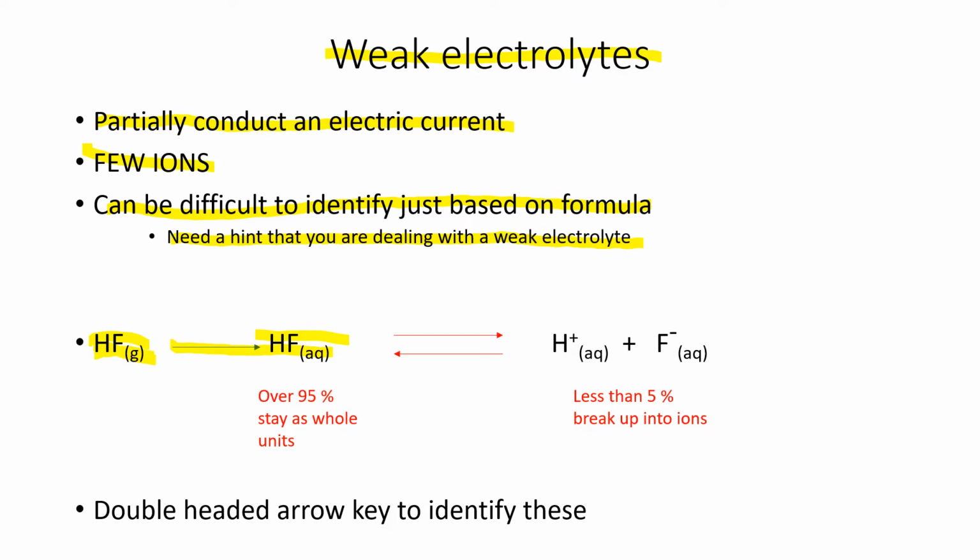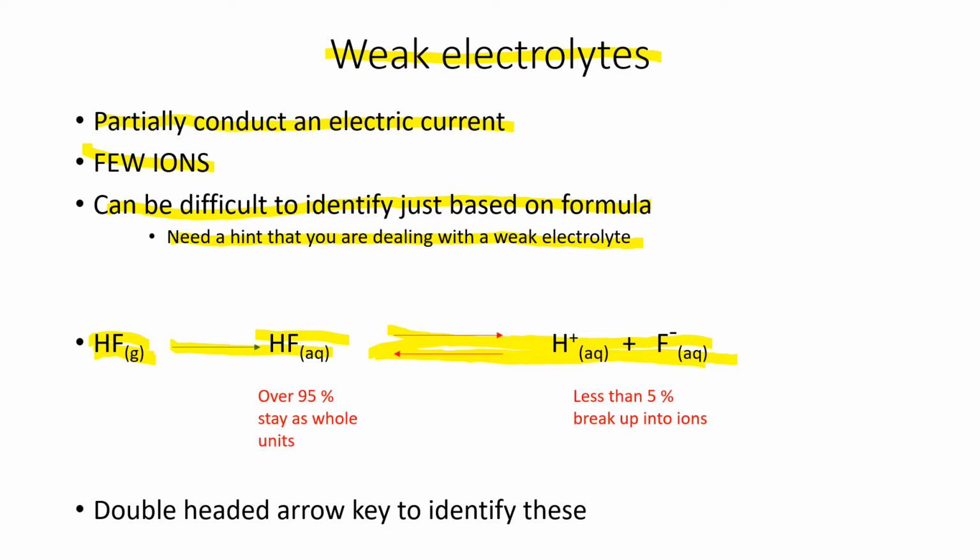Then a secondary thing can happen. The secondary thing is that some of those HF molecules will split up into ions, but it's only a small amount. The way you can recognize that it's only a small amount is this double-headed arrow.